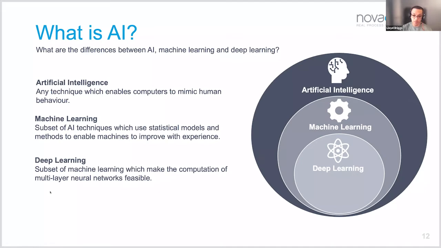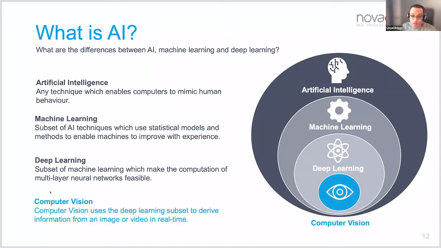And then you have deep learning, which is again a subset of machine learning and artificial intelligence, which allows neural networks to be used for the artificial intelligence, which allows almost instantaneous results, and it enhances the machine learning concept even further. And within deep learning, we have computer vision.